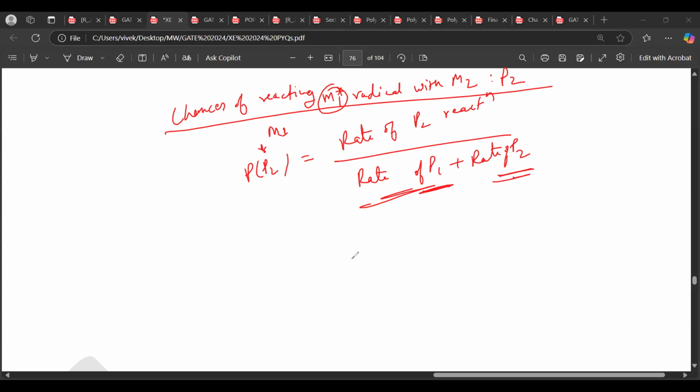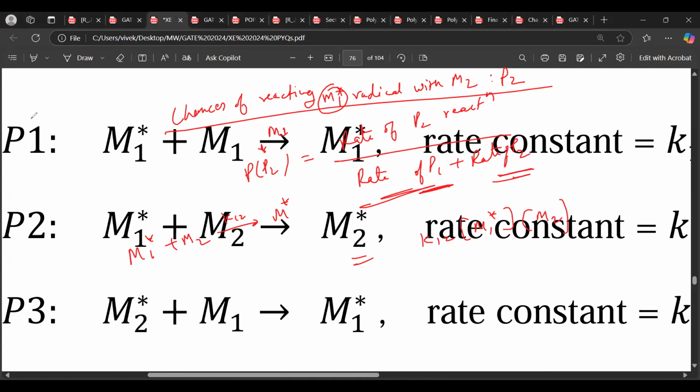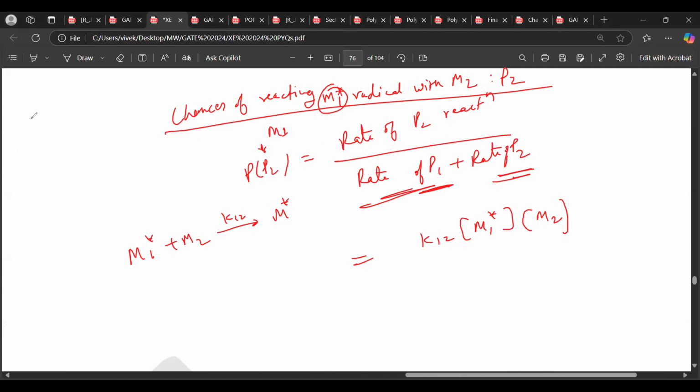Okay, so the rate of P2 you can always write as K12 M1 star M2, because your M1 star is reacting with M2. And P1 is M1 star reacting with M1.